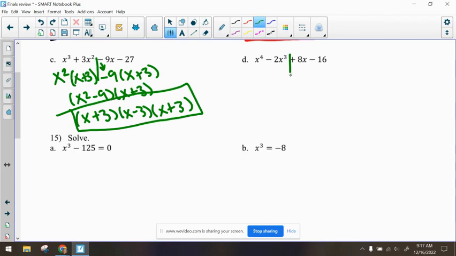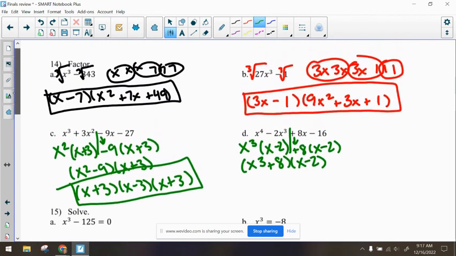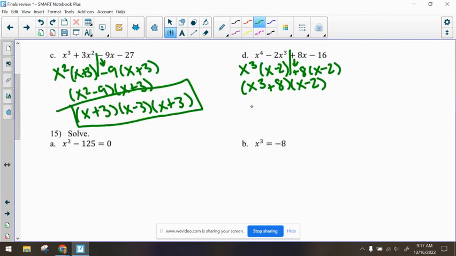D is going to be the same, so I split it down the middle. They have an x cubed in common, x minus 2 on the inside. I'm going to take out a positive 8 with an x minus 2 left over. So now when I go to factor it, I have x cubed plus 8 and x minus 2. This one is a cube, just like we did for these problems. So I know I'm going to have to do circle SOAP. So small set, big set of parentheses.